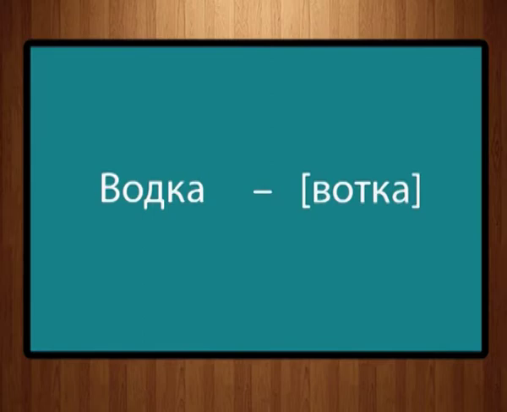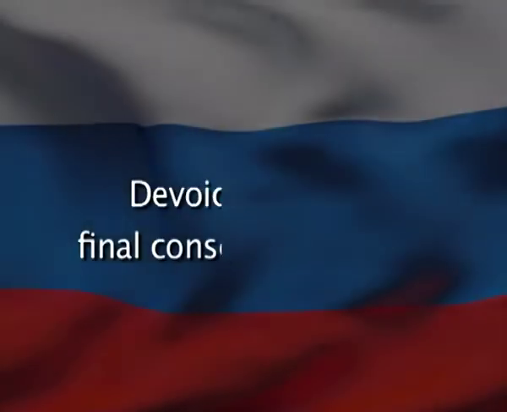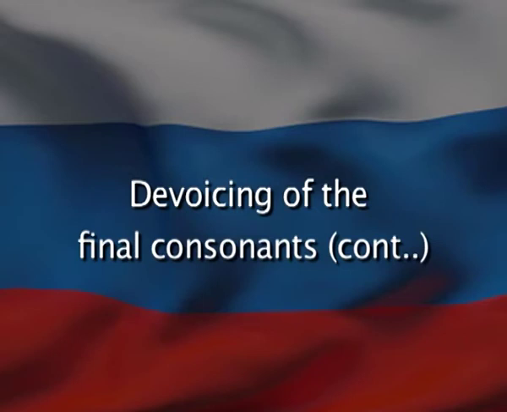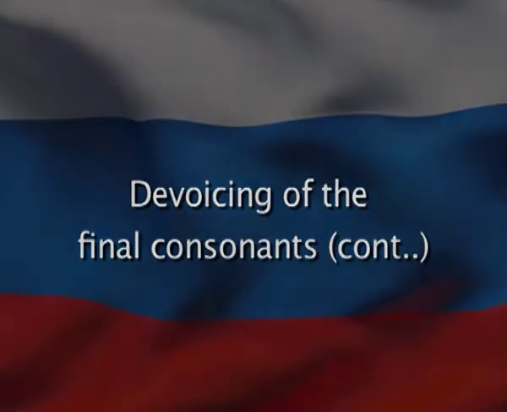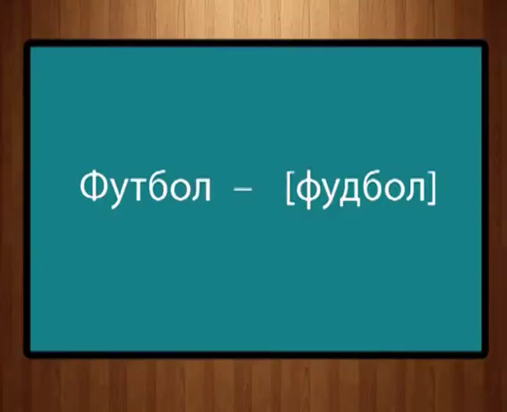So, let us take another case. We have seen what happens when a voiced consonant occurs before a voiceless consonant. What will happen if a voiceless consonant occurs before a voiced consonant? For example, let us take this word f, u, t, b, o, l.